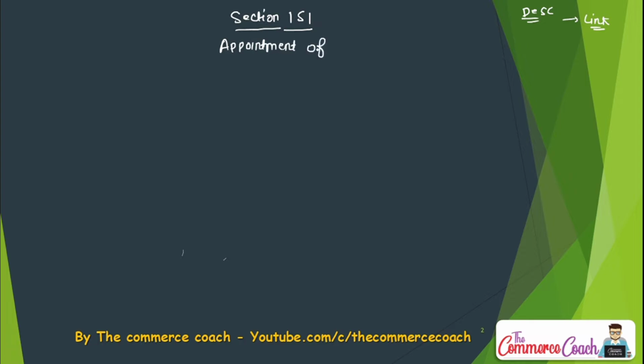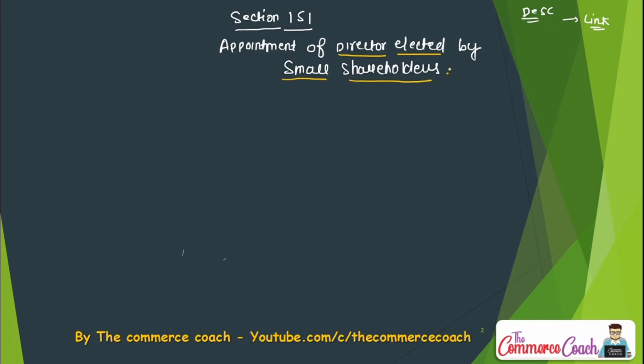We are talking about a director who is appointed, elected or selected by small shareholders. So first of all, we shall see where this section applies, or what is the applicability of this section.